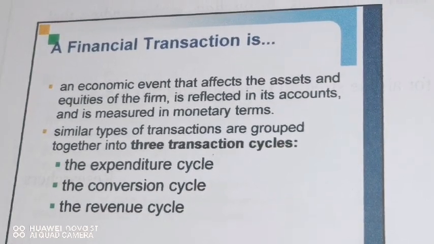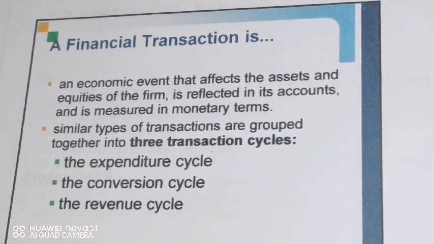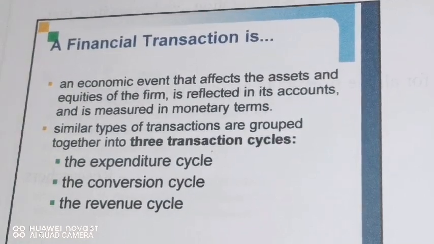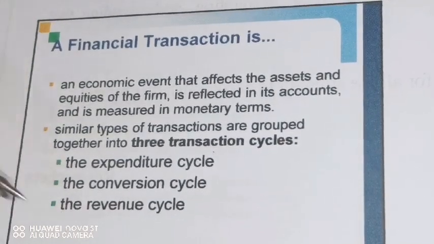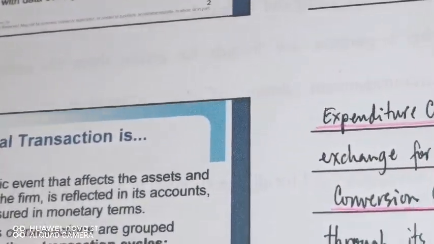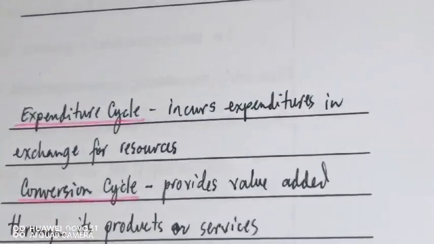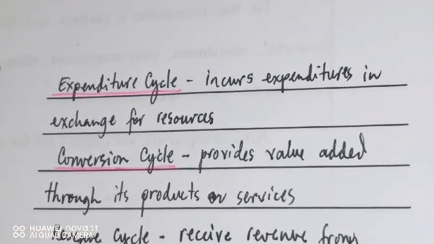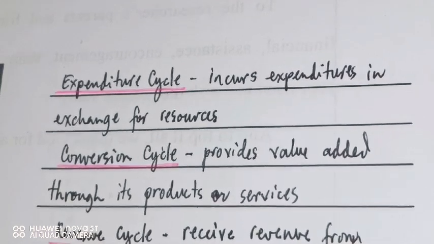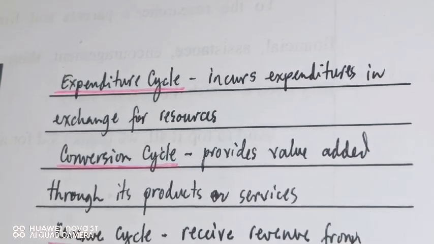And there are three types of transaction cycle: the expenditure cycle, the conversion cycle, and the revenue cycle. So what is the expenditure cycle? Here, the firm incurs expenditure in exchange for resources. 'Di ba, para magkaroon tayo ng resources, ano ba yung mga resources?